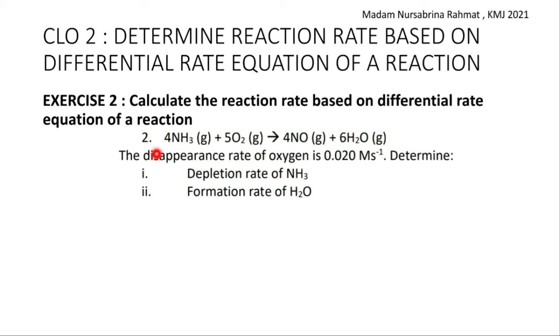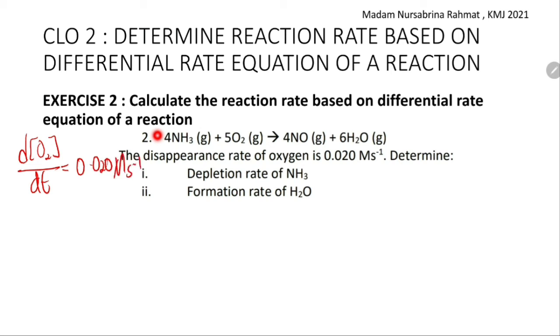Disappearance and depletion are actually the same words, same meaning. It means how fast ammonia and oxygen are being used up in the chemical reaction. So disappearance rate of oxygen is referring to d[O2]/dt, which is equal to 0.020 molar per second.